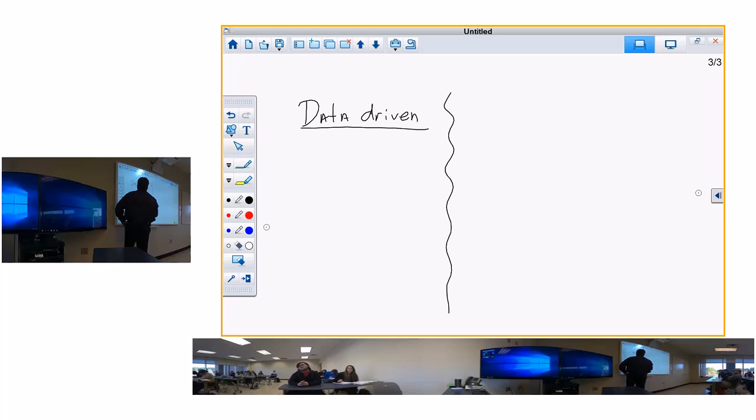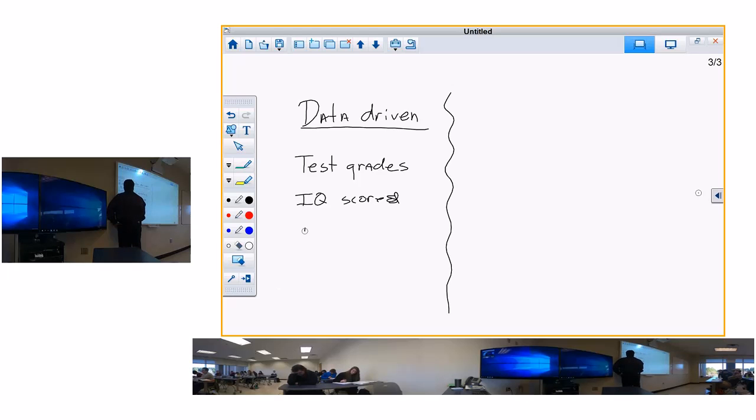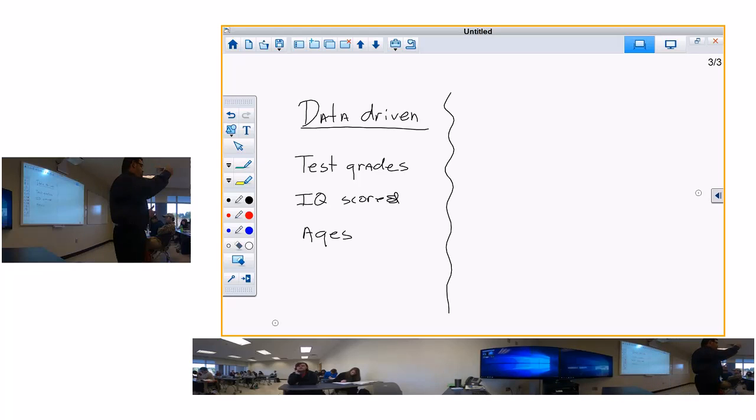Data-driven is like test grades, IQ scores, defective tires, ages in a classroom. All right? Those are numbers that you put from lowest to what? Highest. And you find the mean, the median, the mode, the range, and the mid-range.